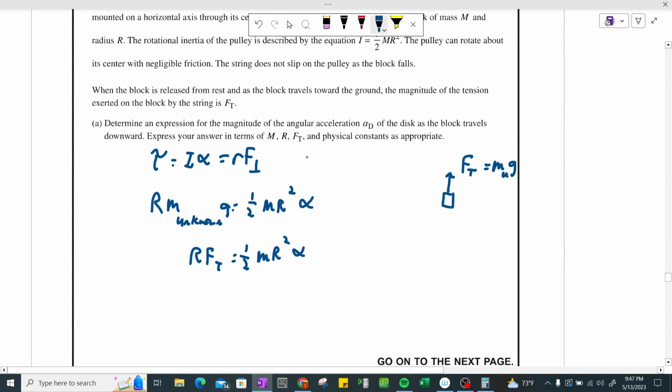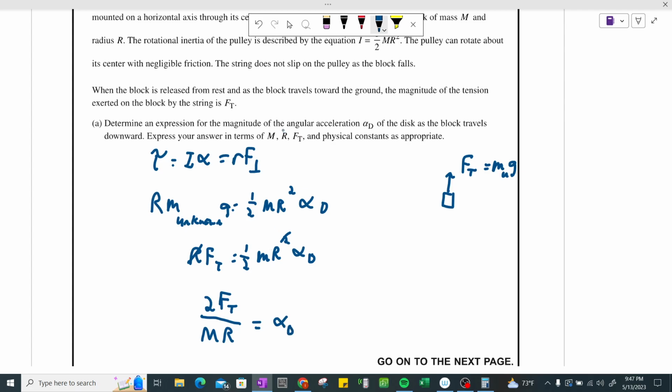Again, making sure we keep our letters just to be consistent. This is actually alpha d, just to be specific. So as I work that across, I can cancel out one of the squares. I can cancel out the radius here. Gives me a 2 F T, moving the 1/2 across, over my mass of the pulley times the radius of the pulley, equals my alpha d.